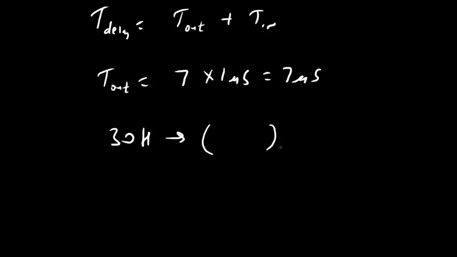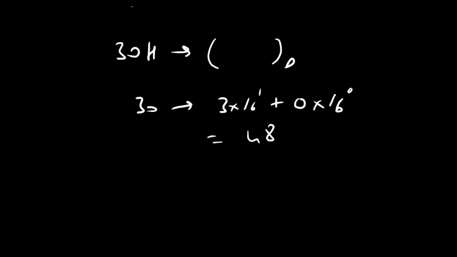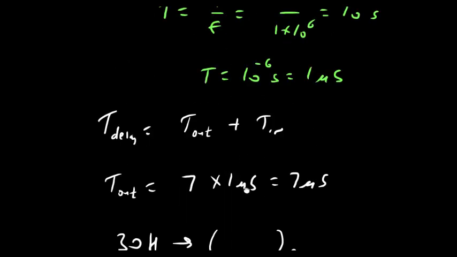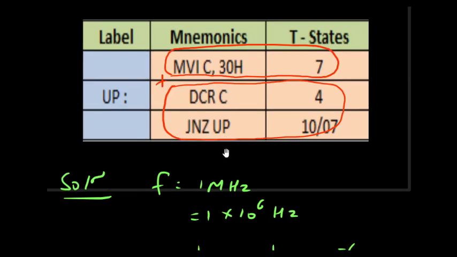So what is this in decimal? 30 is 0 into 16 raised to 0 plus 3 into 16 raised to 1. So 16 threes are 48, plus 0, so this is 48. So 48 is the count. This particular loop will be executed 48 times. In terms of decimal, 30 hexadecimal is 48 decimal.